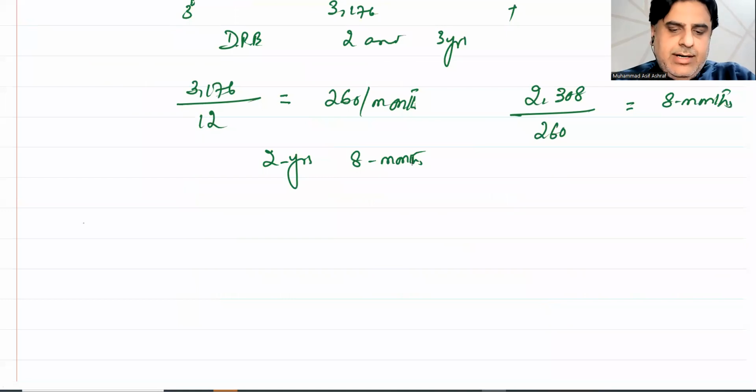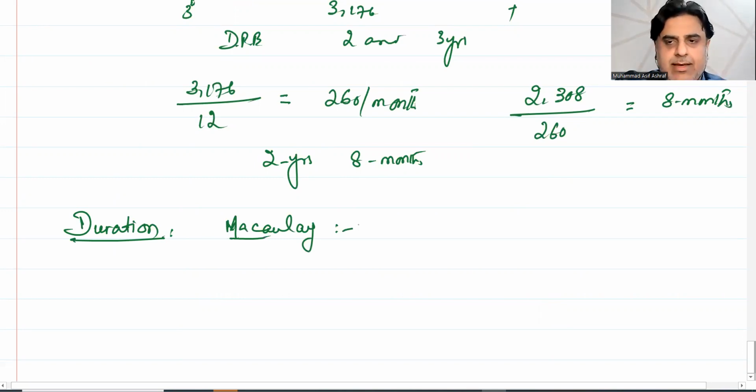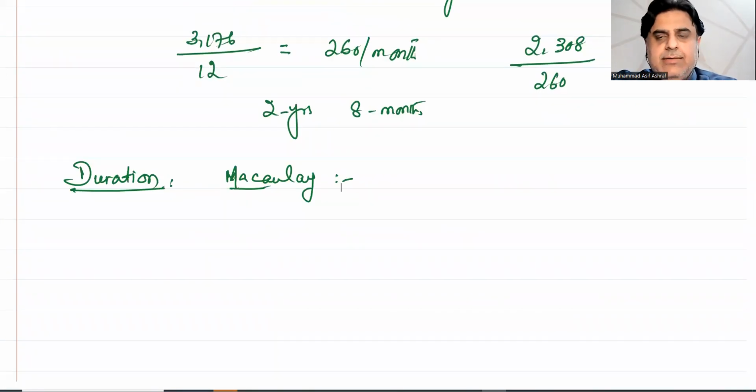Now the third technique here is duration. Duration is calculated by Macaulay, so it is sometimes referred to as Macaulay duration. I'll give you the detail about it, but first of all, let us learn how to calculate the duration.